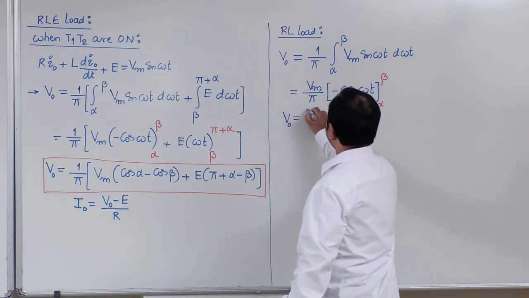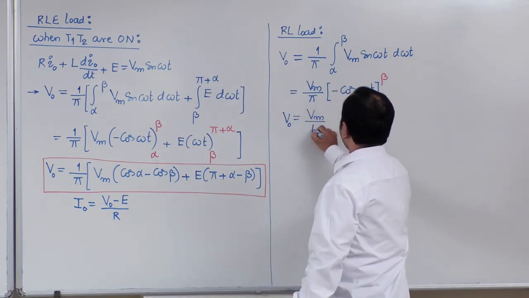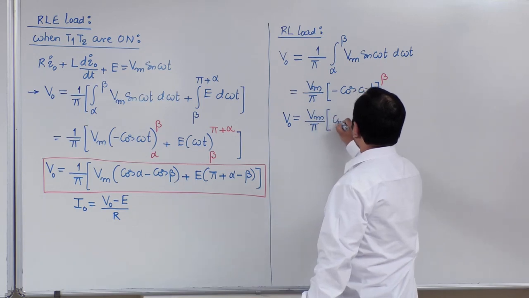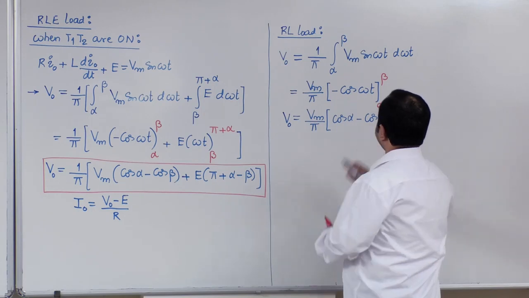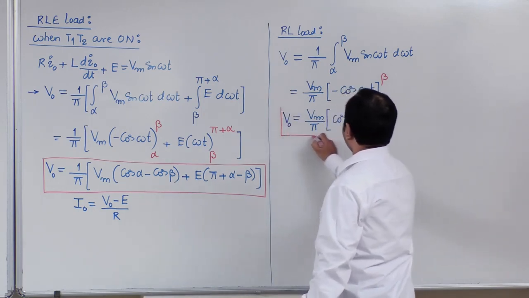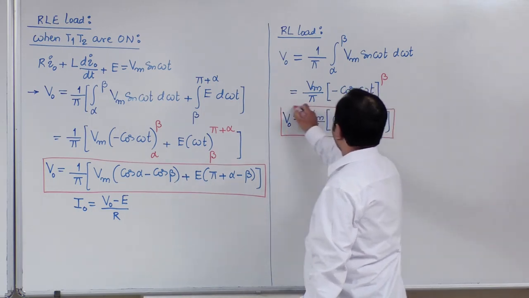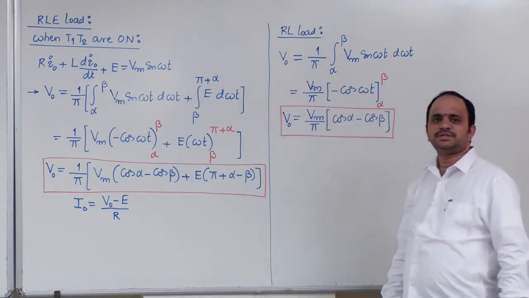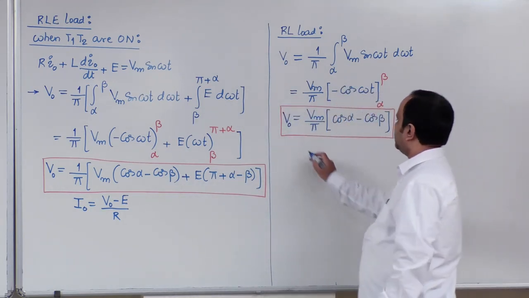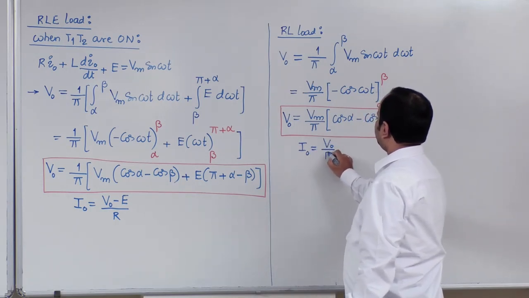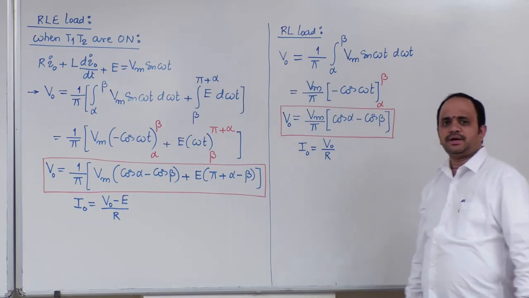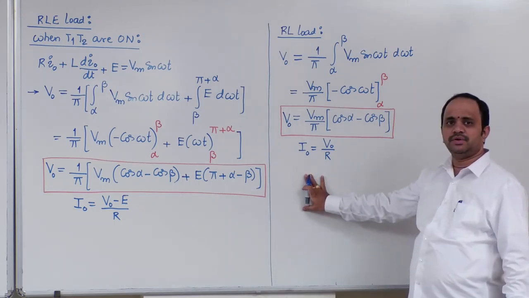So V0 is equal to Vm by pi into cos alpha minus cos beta, and average output current is equal to V0 by R. This is about the RL load.